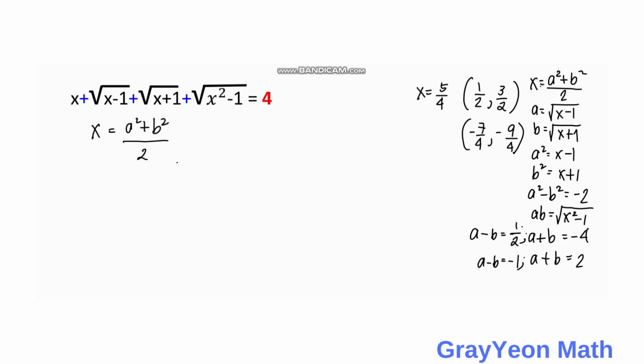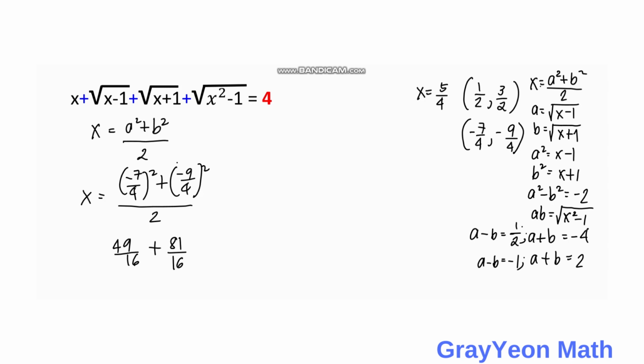And now for the second case, we have again x is equal to a squared plus b squared all over 2, but we need to use the second solution, which is negative 7 over 4 squared plus negative 9 over 4 squared, divided by 2. And this gives us 49 over 16, then plus 81 over 16.